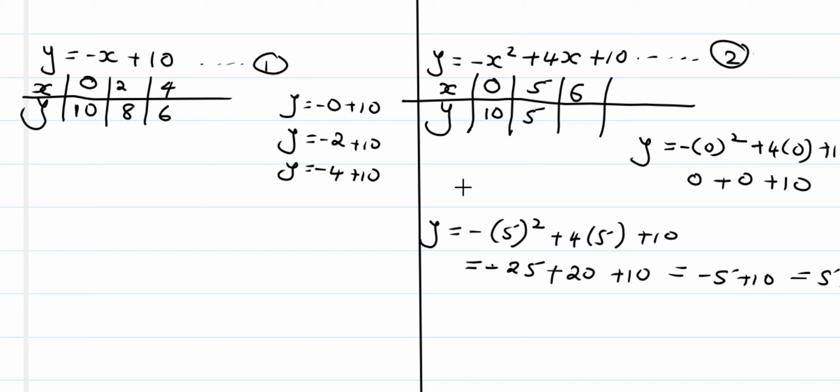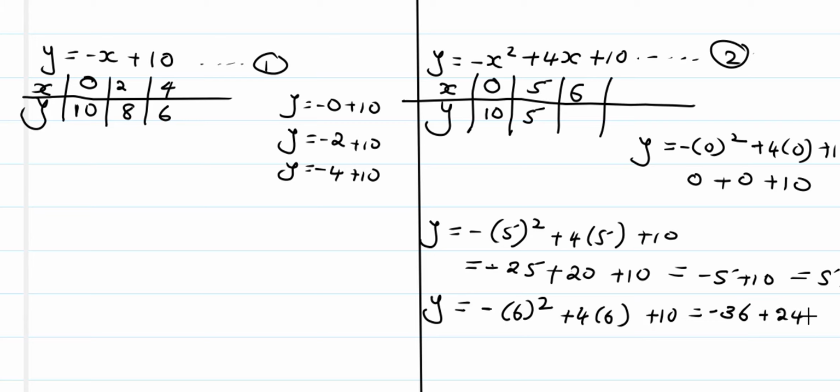How about if I guess x is 6? Then y = -6² + 4 × 6 + 10. 6 squared is 36, but with the negative it becomes -36, plus 4 times 6 is 24, and plus 10.